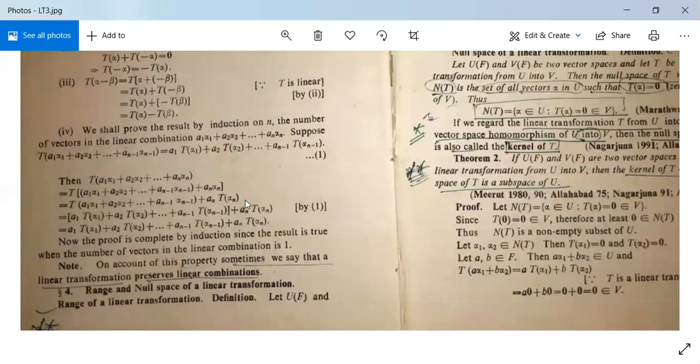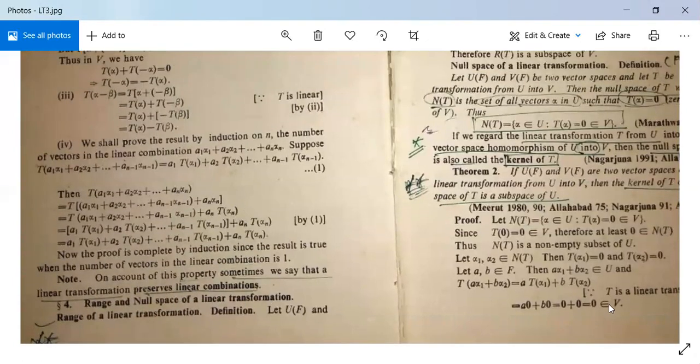Now come to another topic, range and null space of a linear transformation. See, define range. What is a range? Definition.